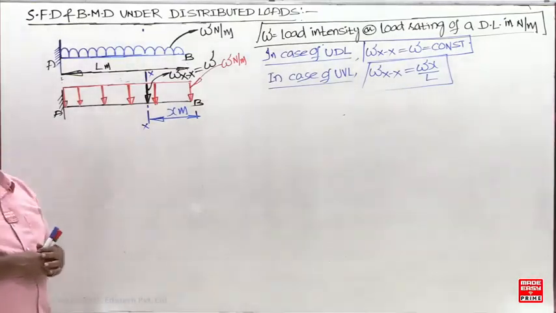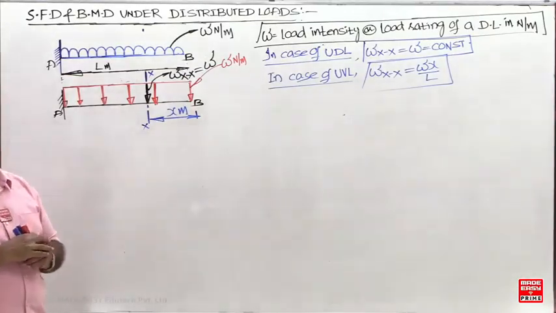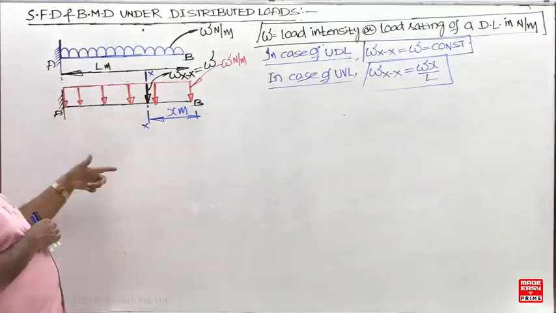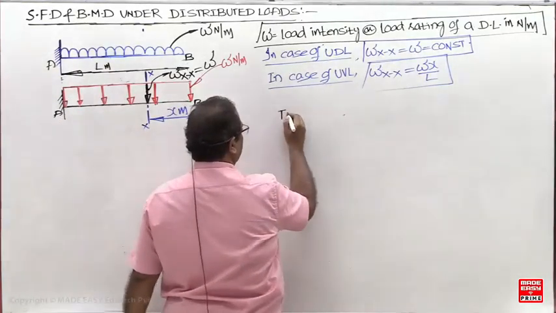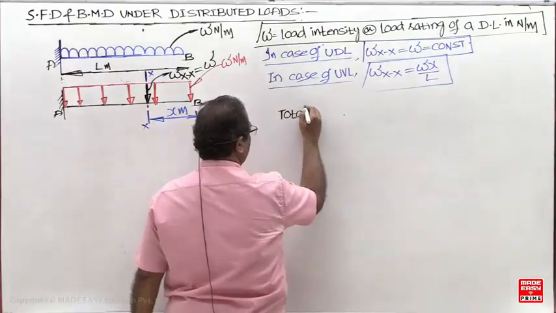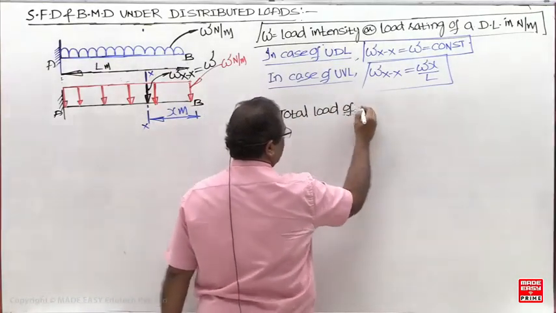Now what is the next step now? You have to calculate the reaction. Before calculating the reaction, what should be the first step now? Find out the total load of this distributed load.